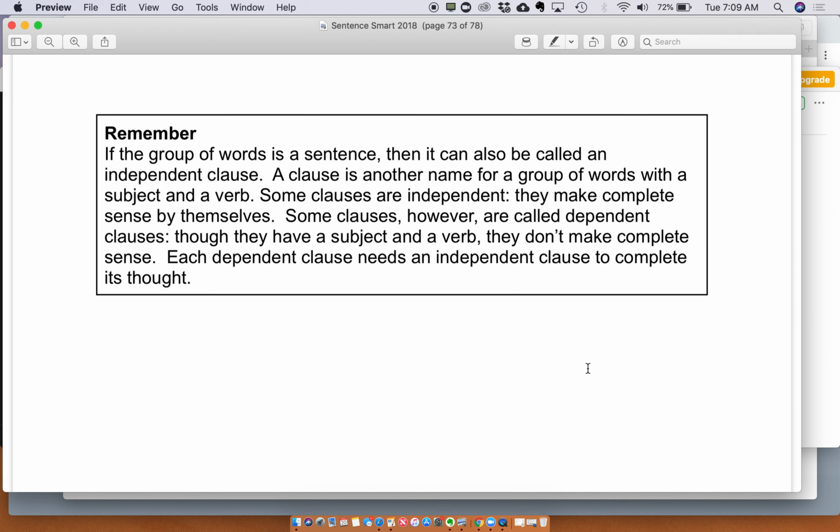Some clauses are independent. They make complete sense by themselves. Some clauses, however, are called dependent clauses. Though they have a subject and a verb, they don't make complete sense. Each dependent clause needs an independent clause to complete its thought.